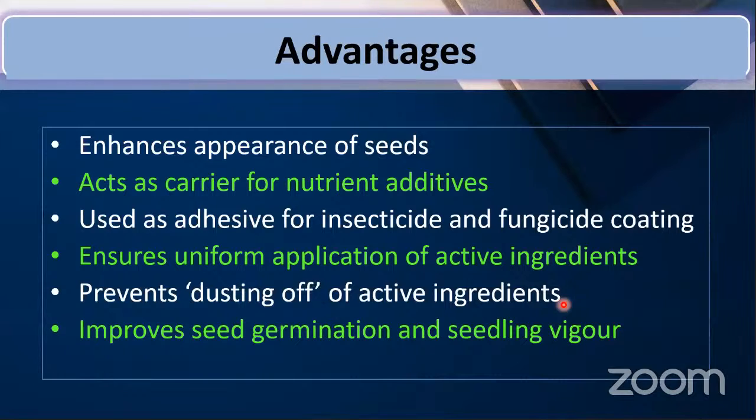But ours has an extra and most important effect. It improves seed germination and seedling vigor. None of the products in the market are as effective as ours. They claim, but ours is giving better improvement in seed germination and seedling vigor. Why it is giving that, we'll see in the slideshow.